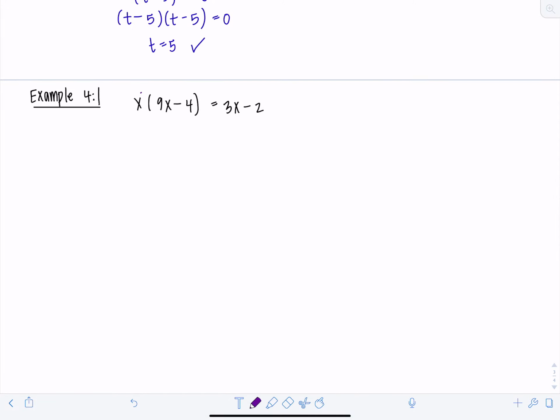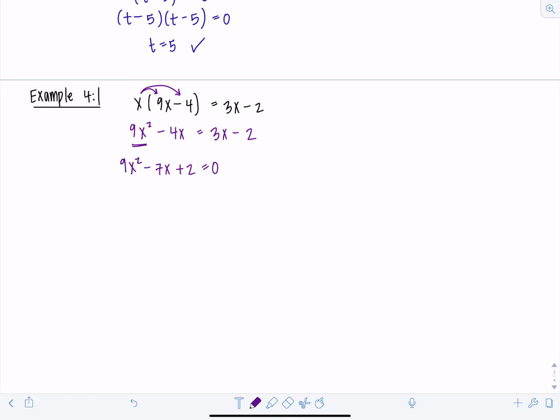So let's distribute this x: 9x squared minus 4x equals 3x minus 2. Again, I need to set this equation equal to 0, so I want to keep this x squared, or the quadratic term, positive, so I'm going to move over the 3x and the 2. So subtracting 3x, now I have 9x squared minus 7x, and then add 2 equals 0.